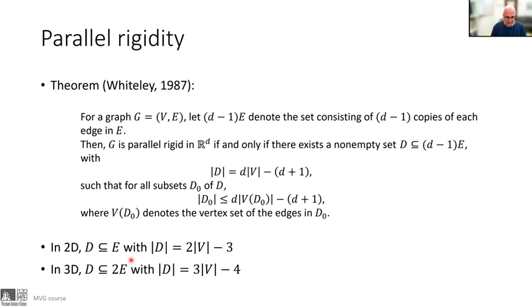So you ask if there is a subset of the edges whose size is 2V minus 3. In 3D, you can take each edge twice, and you need a subset whose size is 3 times V minus 4. And in addition, we need the condition on the subsets.